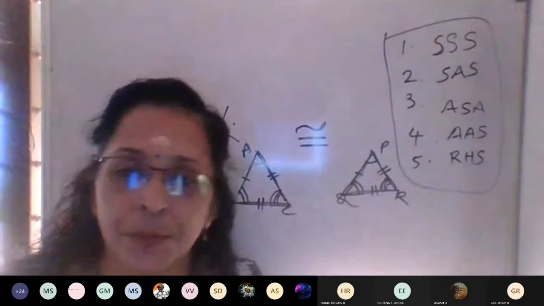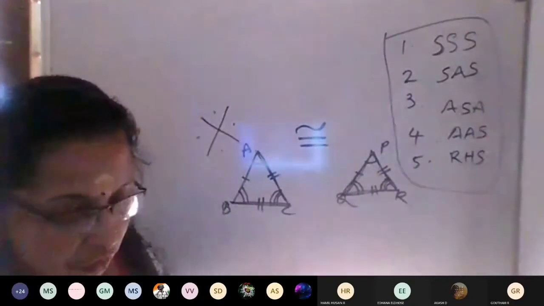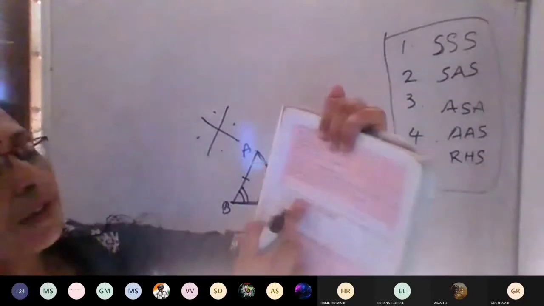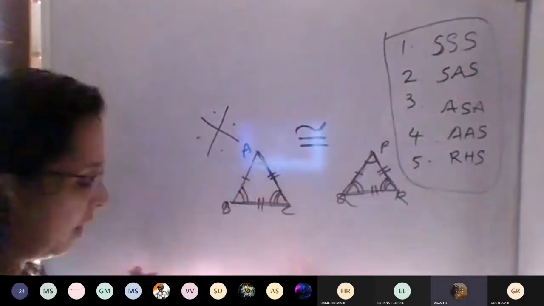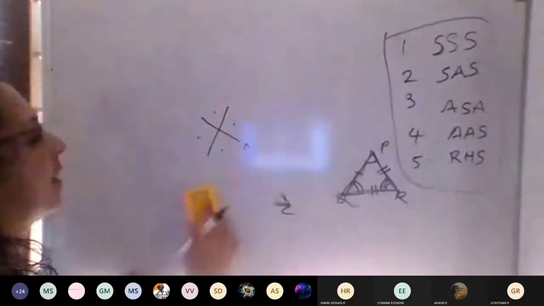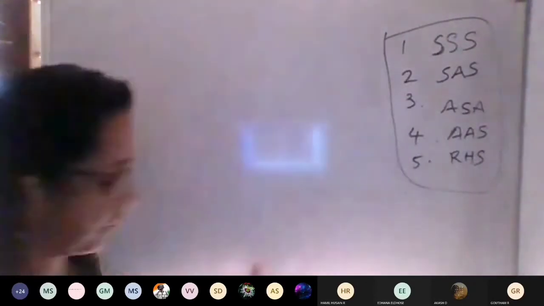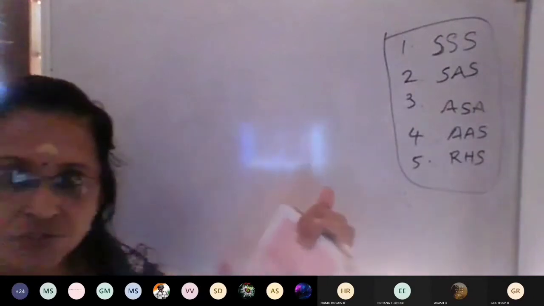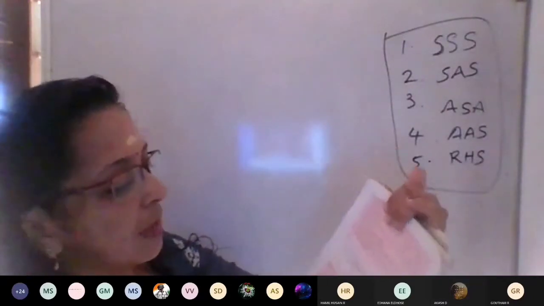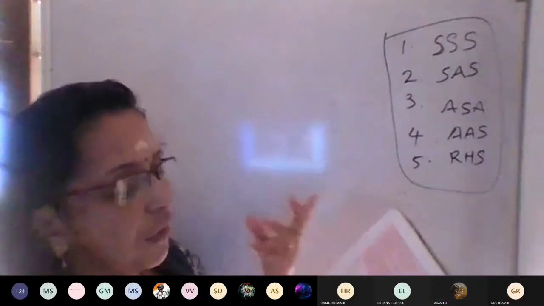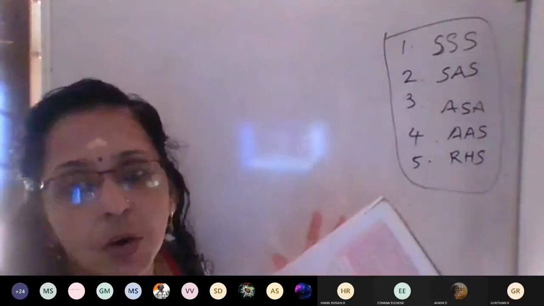What is SSS? It is not compulsory, but you should know what it is. SSS: if three sides of one triangle are equal to the three sides of the other triangle, then we can say the two triangles are congruent.